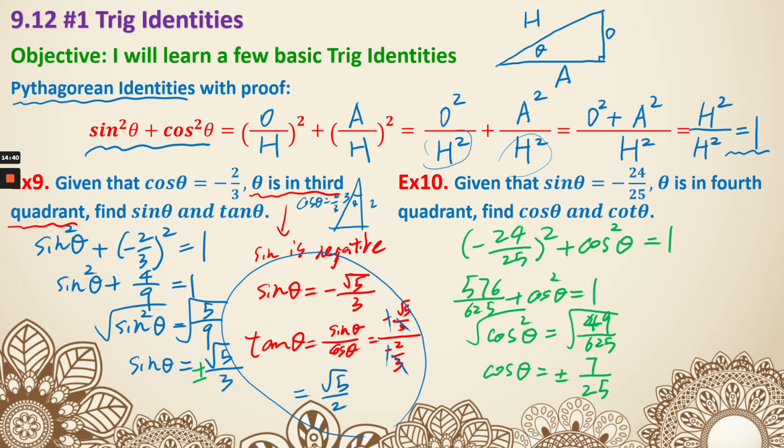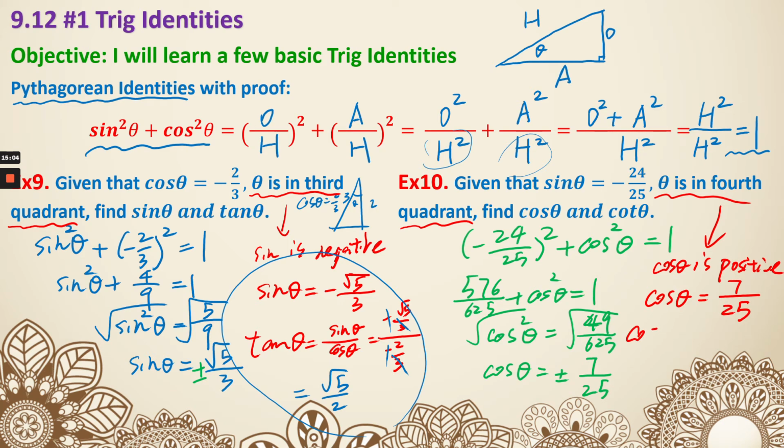We're not done. There's extra information. Theta is in the 4th quadrant. And inside the 4th quadrant, our cosine is positive, because All Students Take Calculus. That means our cosine theta is actually going to be a positive 7/25.